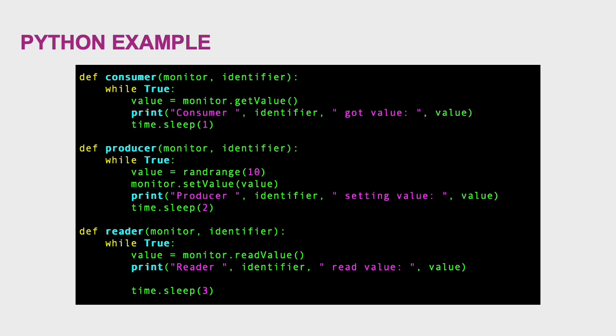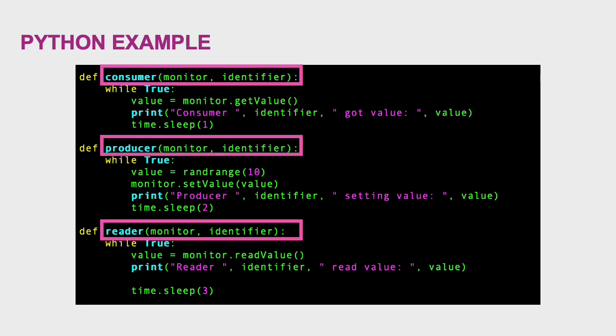So let's try to understand some important aspects in how to use monitor in multi-thread programming. An important aspect I want to stress is that we pass in the monitor as a parameter because the monitor is a shared resource among all these threads. So we have to pass it in as a parameter.